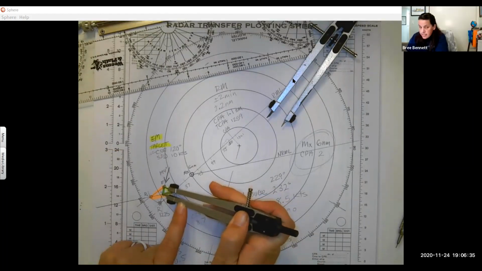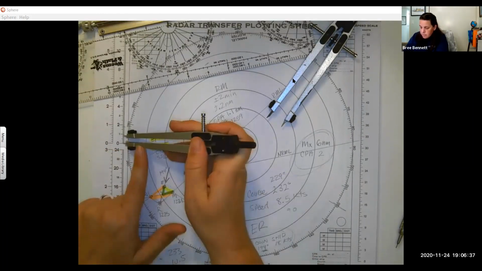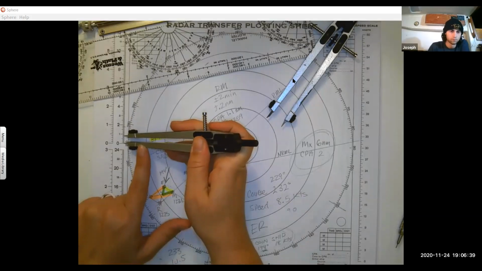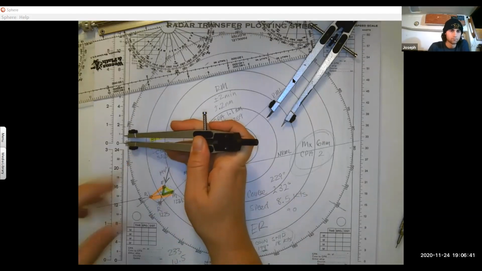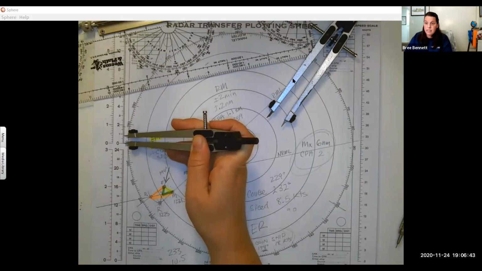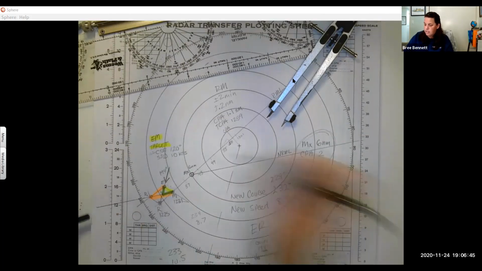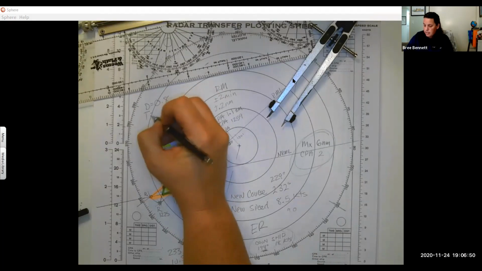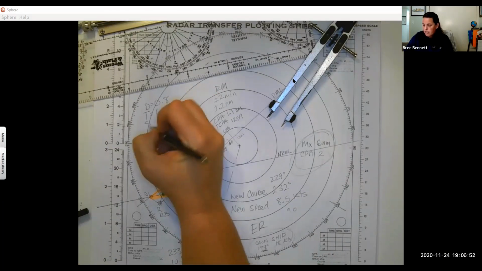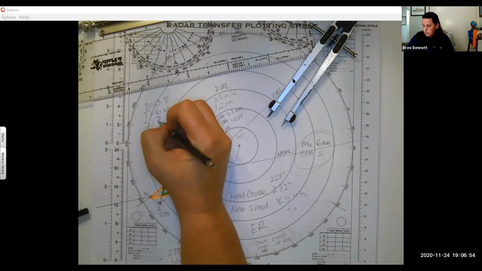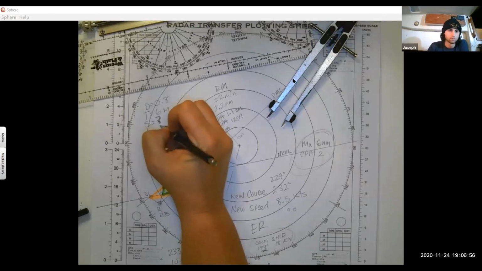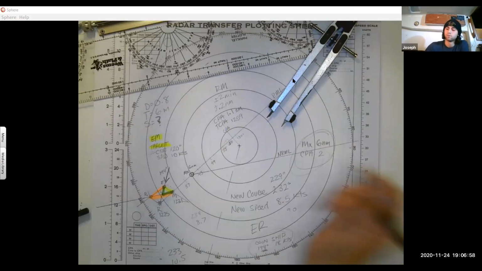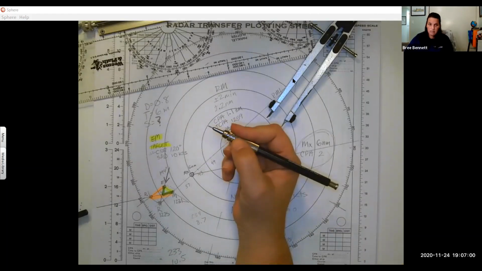We're measuring this distance. We got 0.8. So if our distance was 0.8 and our time is 6 minutes, what is our speed? We can do that calculation.